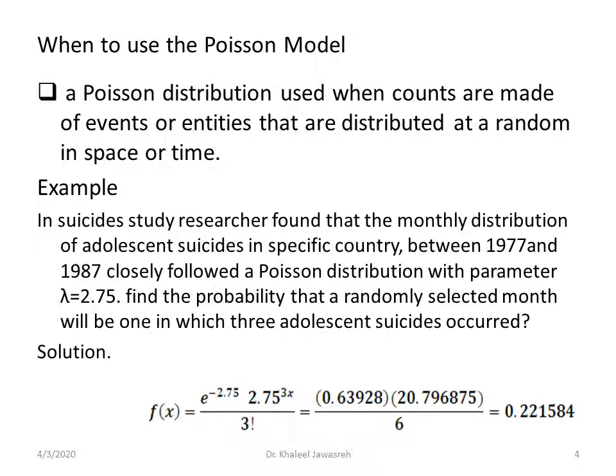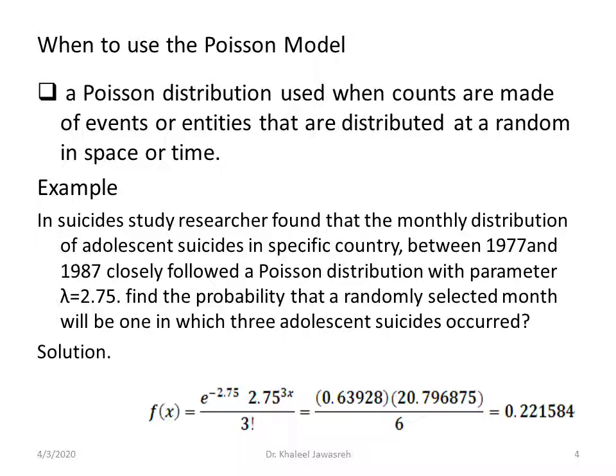f(x) equals e to the power of minus 2.75 times 2.75 to the power of 3, because the number of adolescent suicides here is 3, over or divided by 3 factorial. By applying this equation, and doing the math, as we previously indicated, e is a constant.